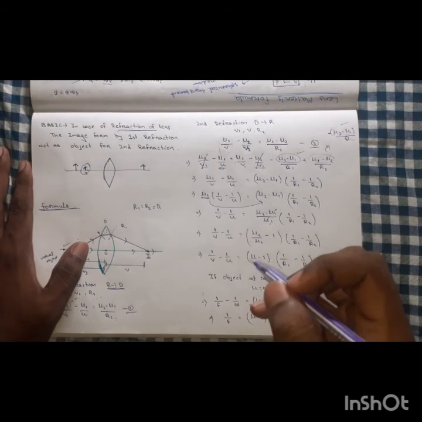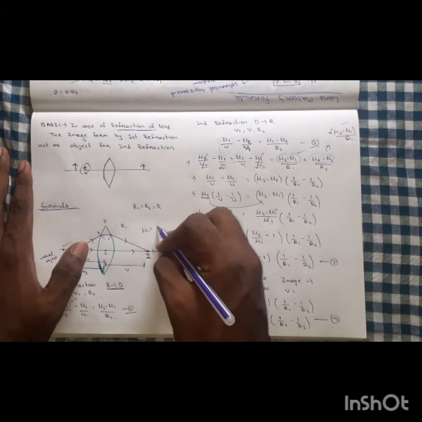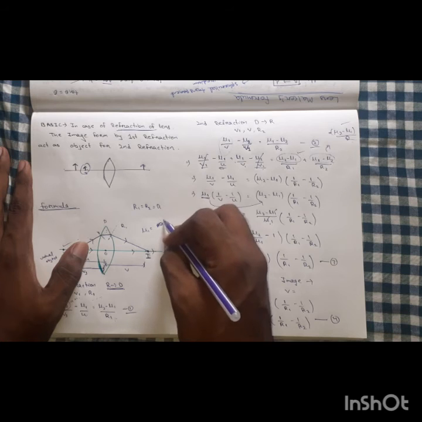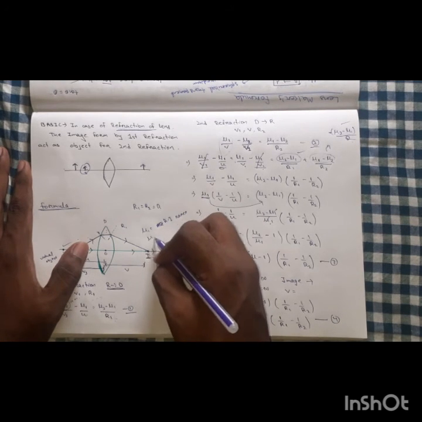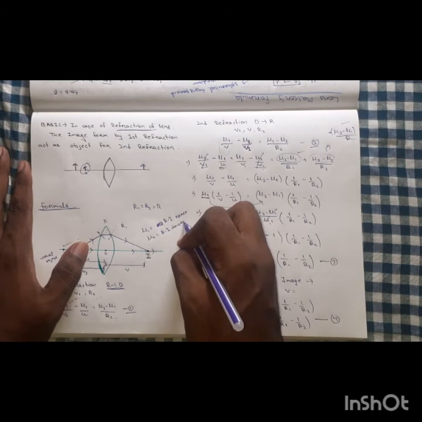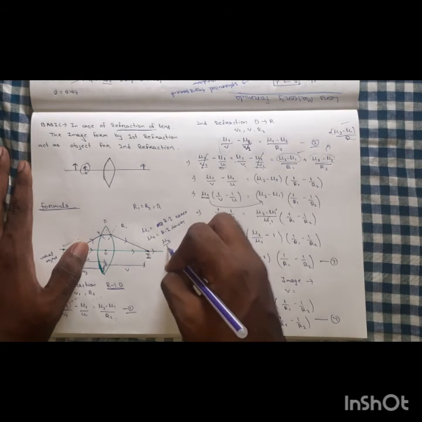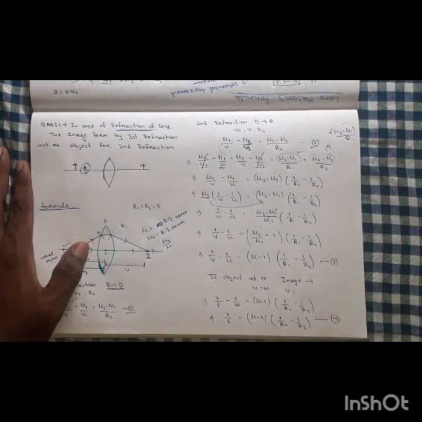In the previous class I studied that mu1 is the refractive index of the rarer medium, mu2 is the refractive index of the denser. mu2 by mu1 means refractive index of denser by refractive index of rarer.